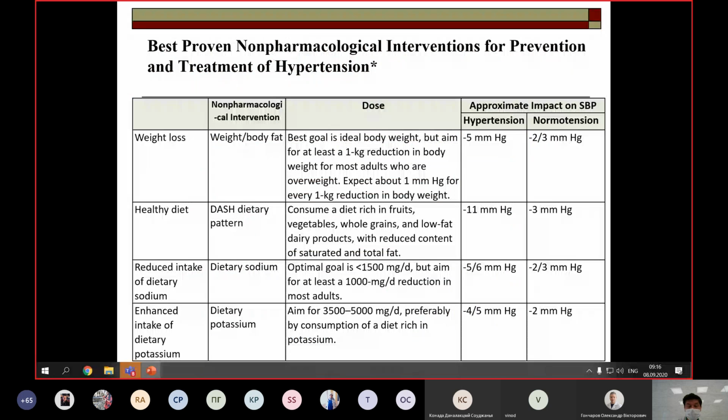So, next slide. Two consecutive slides will depict some non-pharmacological interventions for the patient with established hypertension. Please take into consideration that both slides are reported by the opinion of the experts of the European Society of Cardiology. Non-pharmacological interventions include weight loss, a healthy diet, reduced intake of dietary sodium, and enhanced intake of dietary potassium.